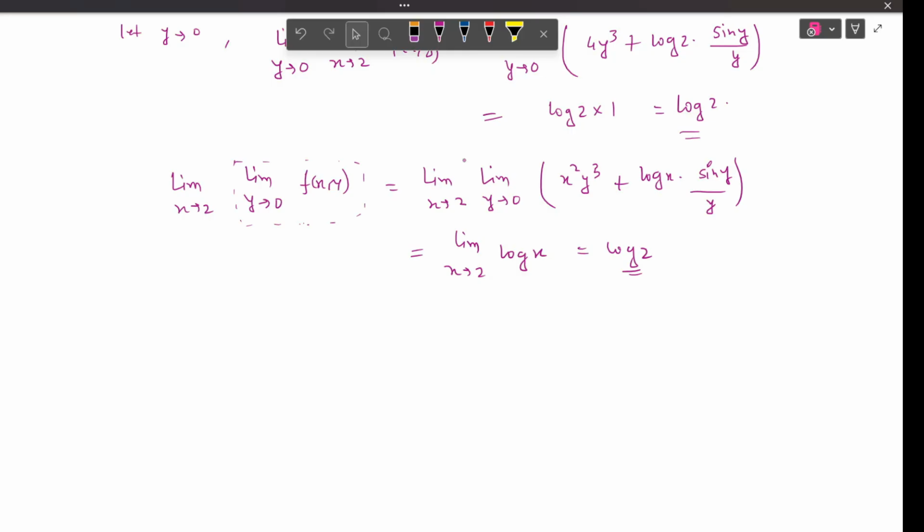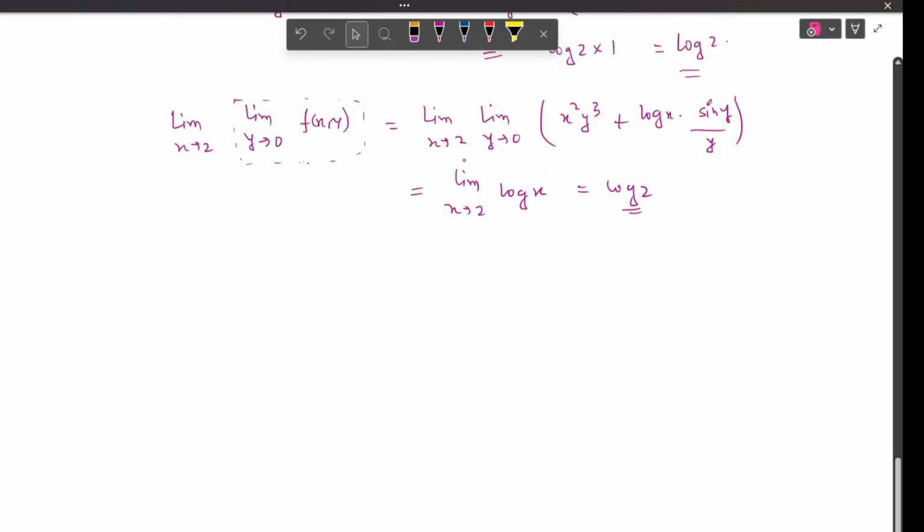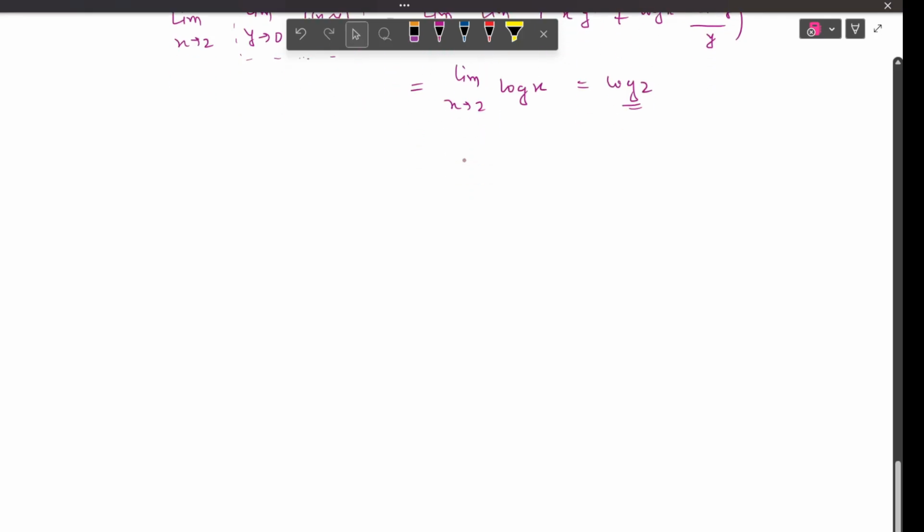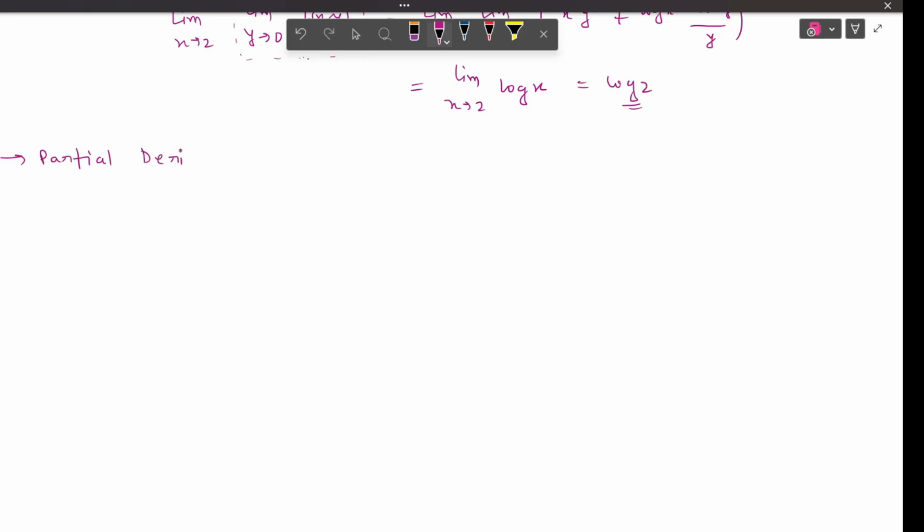Now let us see our next topic, which is partial derivative. Let z be a function of x comma y.